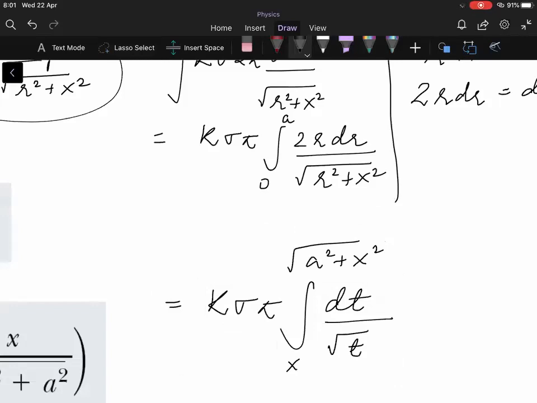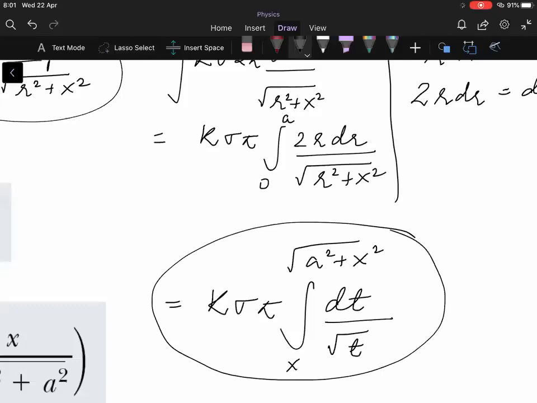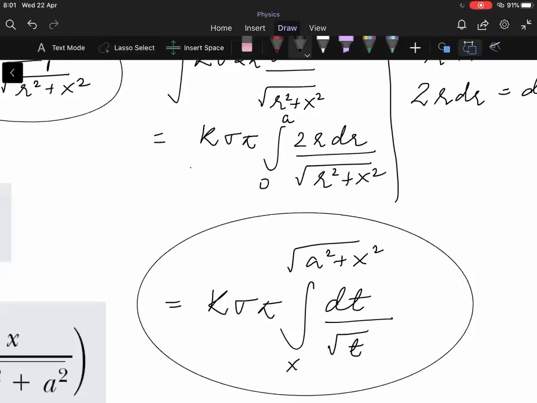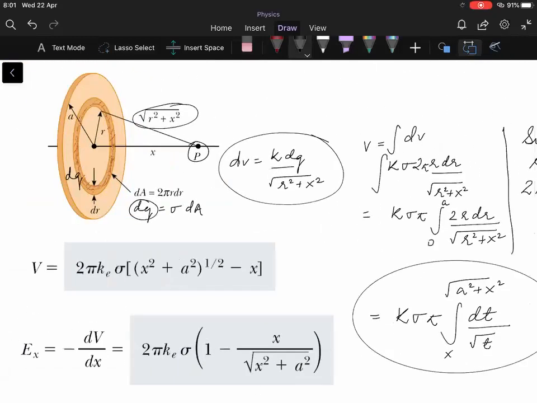Is this clear? Now I think rest of the problem should be very easy for you. So if you integrate this thing, you will get the total potential. From there, you will get this as the result. And when you differentiate this, you will get this result.